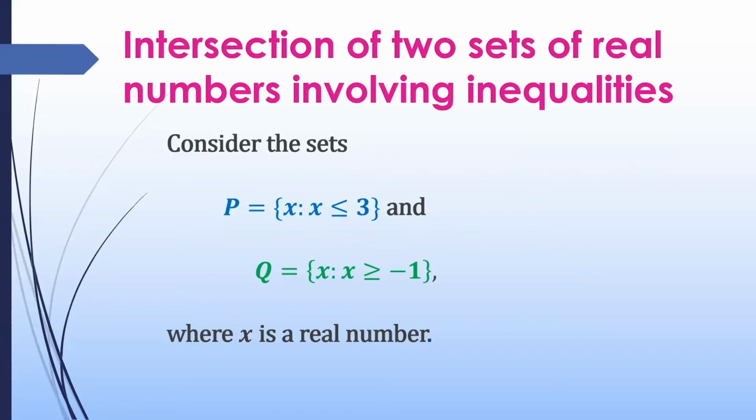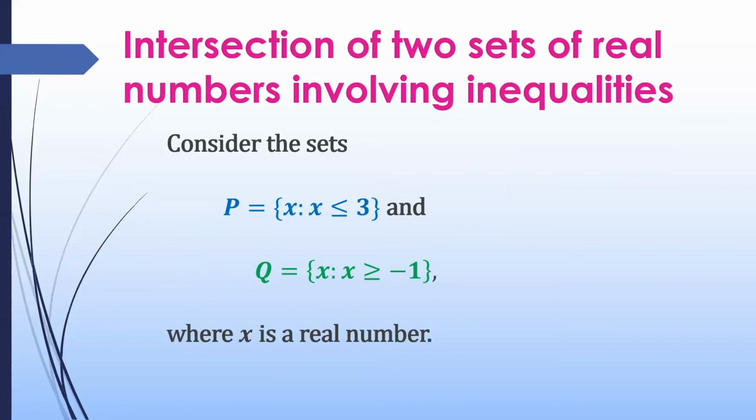Suppose I have set A and set B, A intersection B would mean the elements which are common to both sets A and B. So let us consider this. The set P here is x such that x is less than or equal to 3, and for the set Q, x is such that x is greater than or equal to -1, where x is a real number.